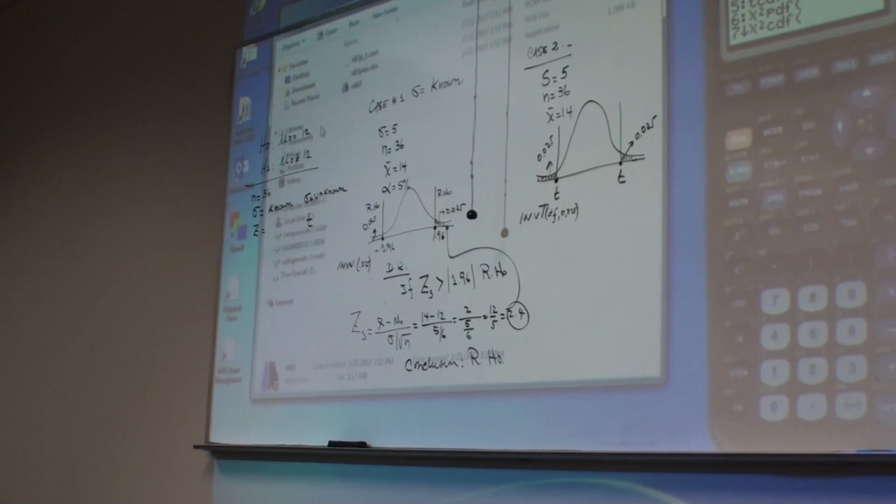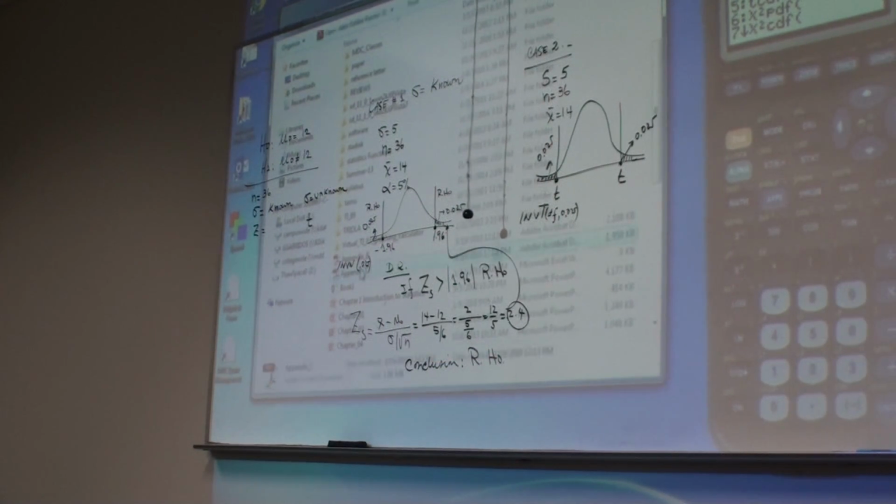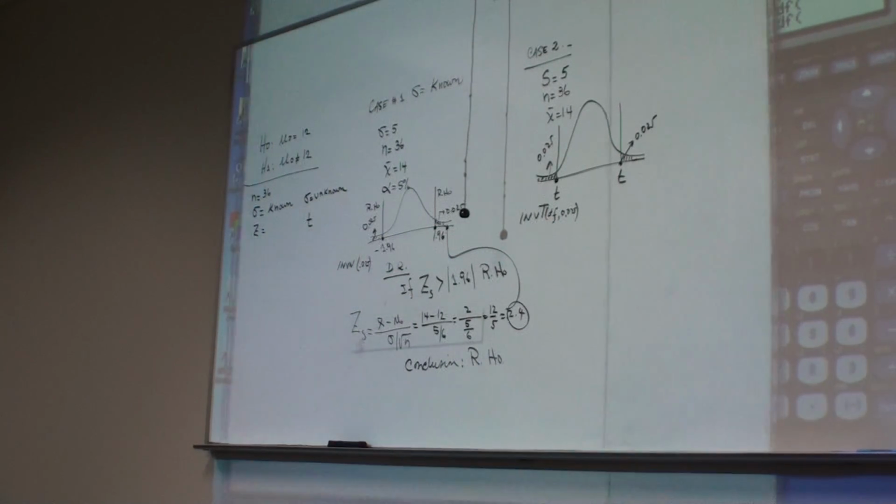We use the table, and let me get a table. Where's my table? Right here. Okay, and our table is for 35 degrees of freedom.